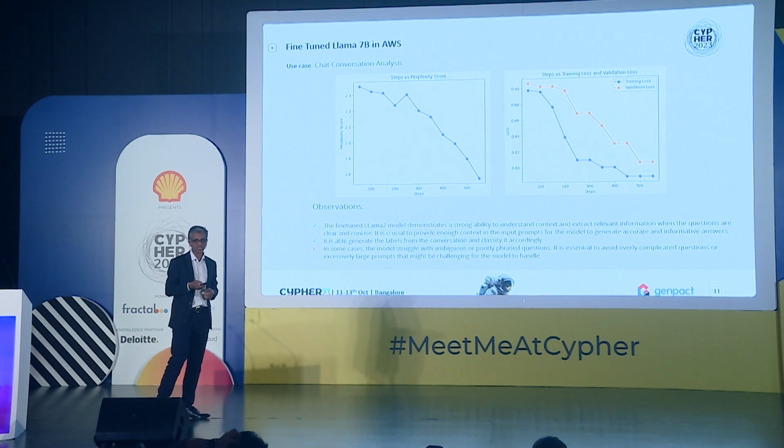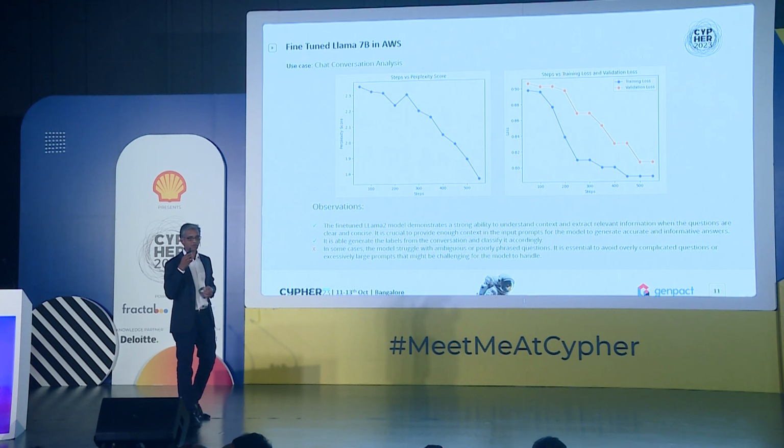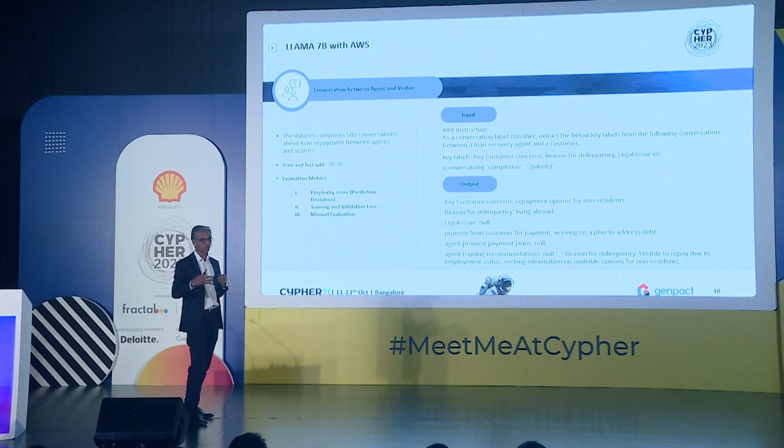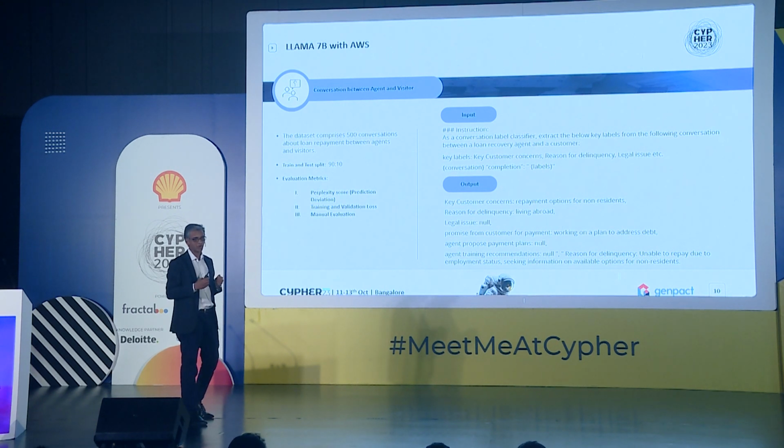You may ask me the question: if it is a question answering system, how do we calculate the F1 score? As I told you earlier, it's a combination of multiple things. If you treat the whole output as a response to a question, then you can use BLEU score and ROUGE score. We did that, and I call it intrinsic evaluation.